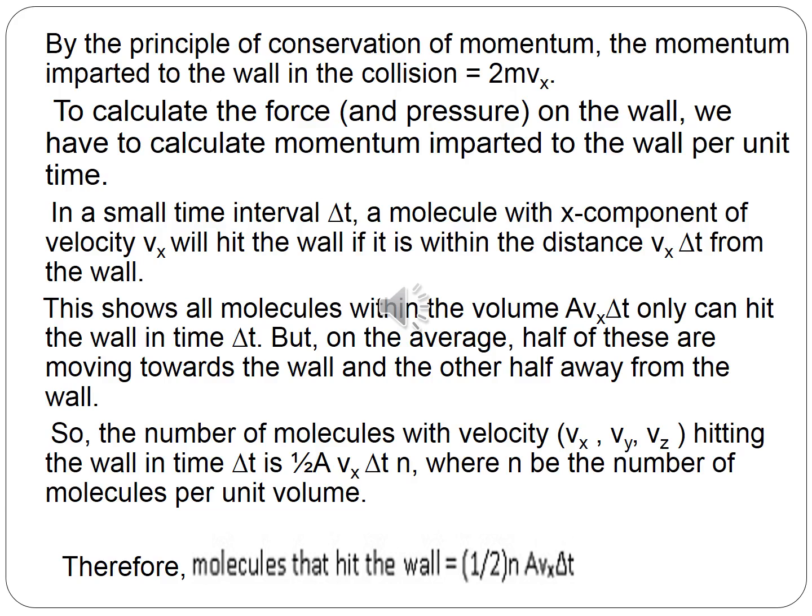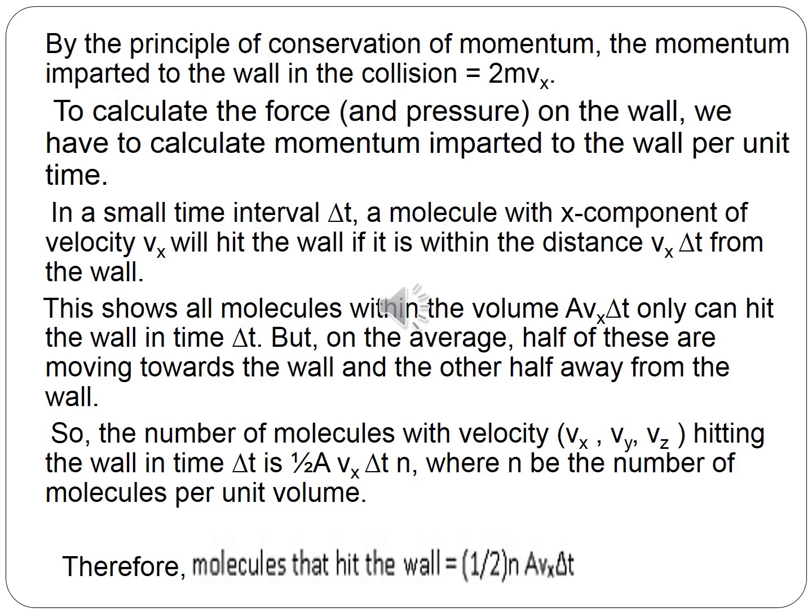This shows that only molecules within the volume A Vx delta t can hit the wall in the time delta t. Here, volume V is equal to the area of the side of the cube multiplied by the distance traveled by the gas in time interval delta t.